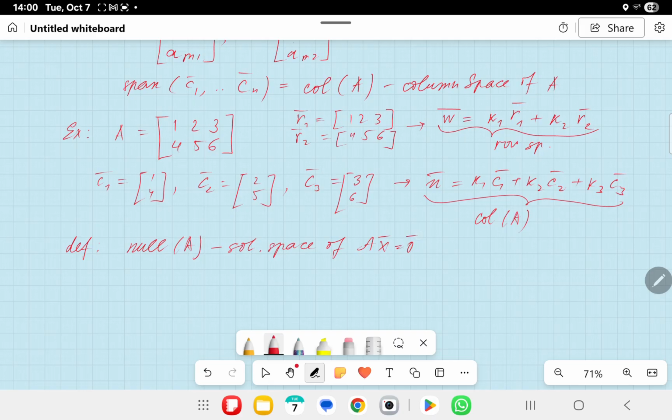We already have seen that the solution space of a homogeneous equation makes a space itself, because we have all possible linear combinations of some vectors with constants or parameters p, t, whatever, and they are making a vector space. Okay, so these are the major matrix spaces: row space, column space, and the null space.